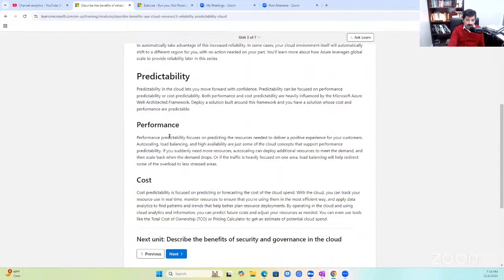Then it talks about performance, that because of auto scaling, load balancing, and high availability, that helps support performance predictability. Cost: they give you some calculators to find out the cost of your applications.